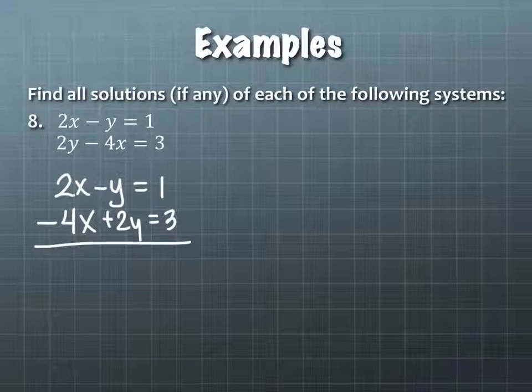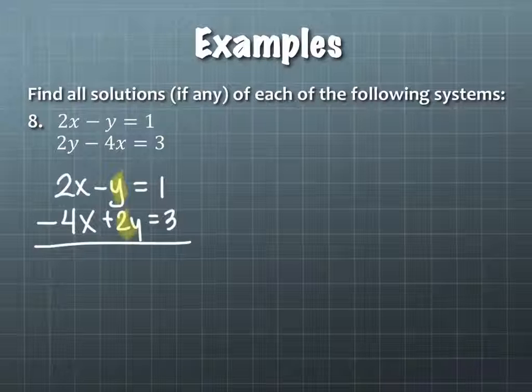All right, which variable would you like to eliminate, x or y? Y, let's eliminate y. So right now, this is a negative y and this is a positive 2y. What number would I need to multiply and by which equation to get them to match?